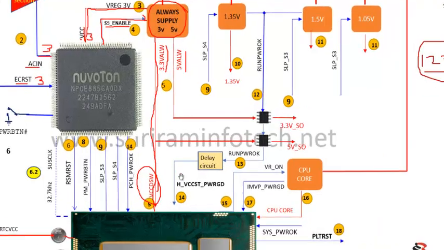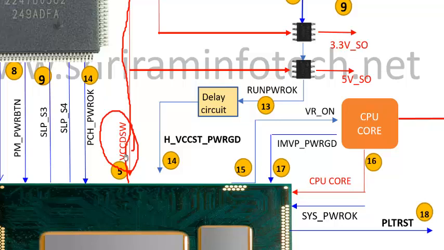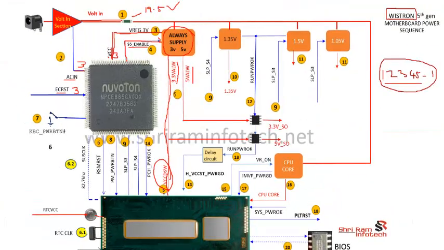VCC stands for voltage, DSW stands for deep sleep wake up. Once the CPU gets this VCC DSW, the CPU wakes up from the sleep mode. Okay, so this is step number 5.